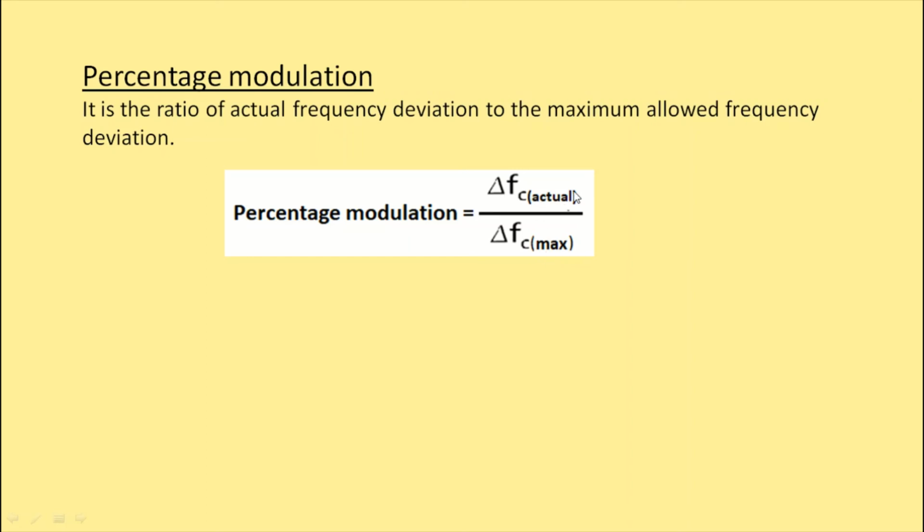Here delta FC actual is the particular value which is used for FM communication, and delta FC max is the value of maximum permitted frequency deviation, which as I told you before is equal to 75 kilohertz. Please do remember this. The value of delta FC max will be substituted as 75 kilohertz in two formulae. First one being deviation ratio and second one being percentage modulation.